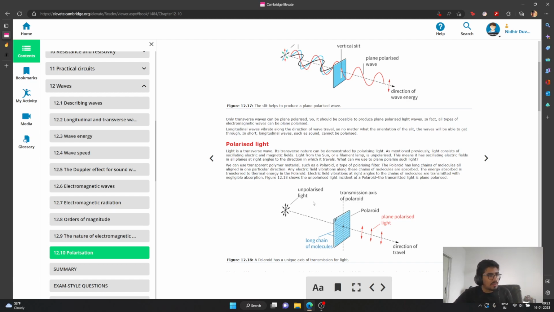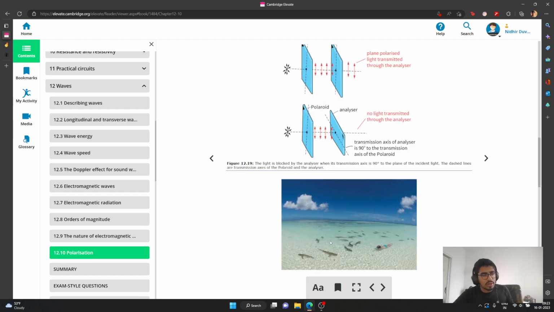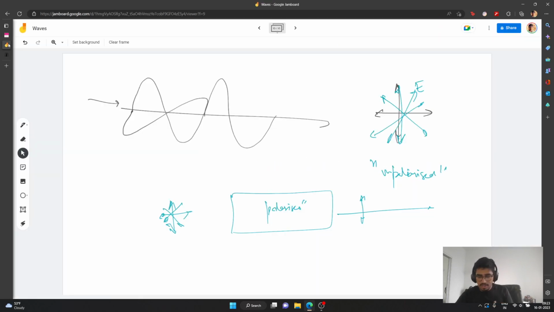In general, the light from the sun is unpolarized, like the light around you, everything. But sometimes when it bounces off water, it becomes polarized. So you have unpolarized light that's coming in and bounces off water, and because of how that water reflection process takes place, what you get out is polarized light.